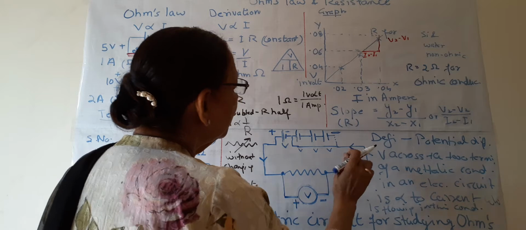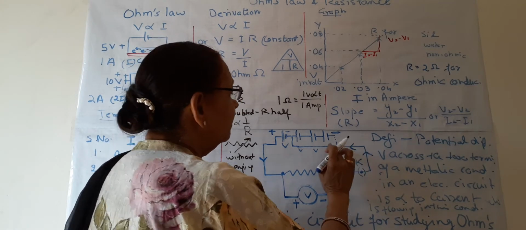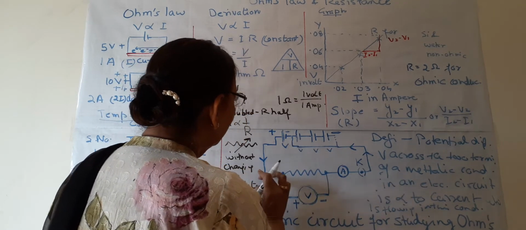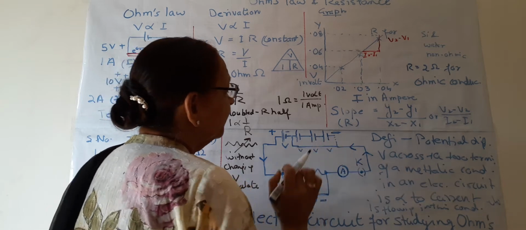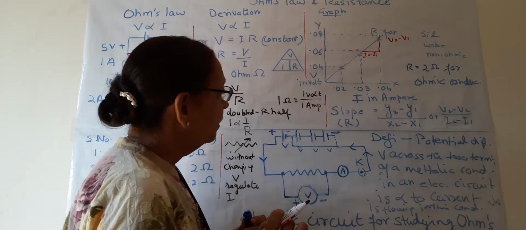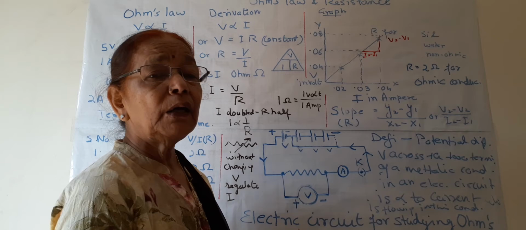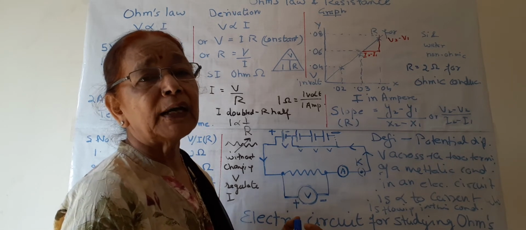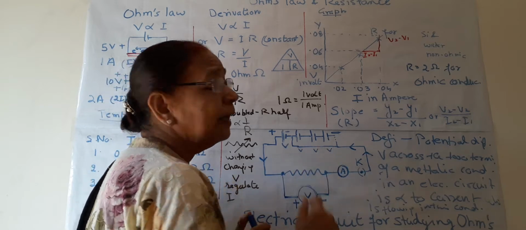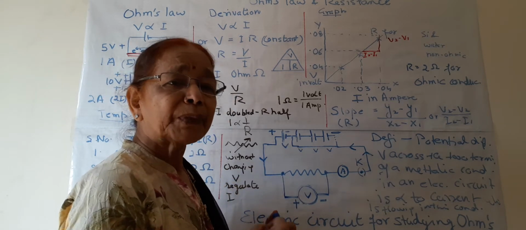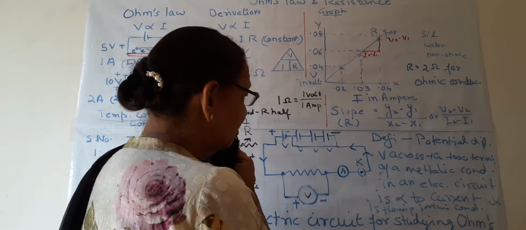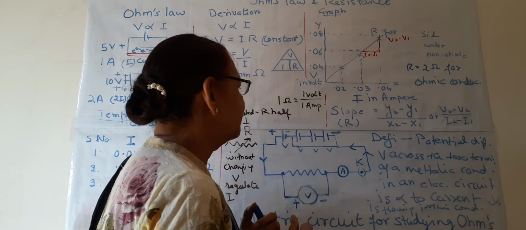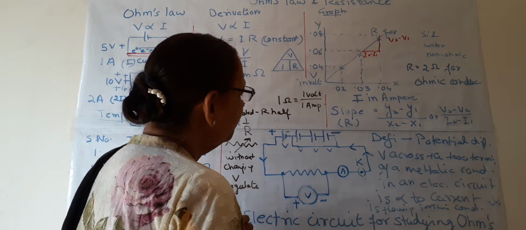The second component is the metallic wire. This is the metallic wire. A metallic wire can be of copper or silver or aluminium. Any metallic wire can be taken, but mostly in lab experiments we take copper as it has low resistance. So this is the second component.